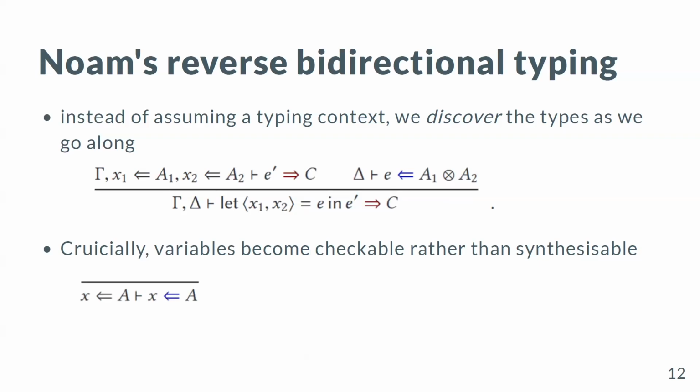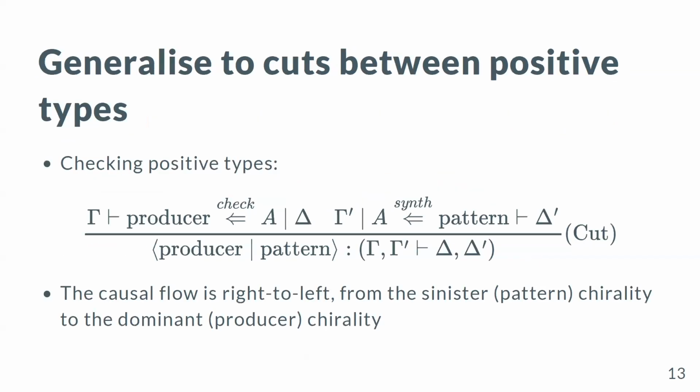And the interesting thing here, if you look at this rule of natural reduction again, and you translate this into the sequent calculus, it looks a lot like a cut between a producer of pairs and the consumer of pairs. And in fact, this pattern explains type checking of the entire positive fragment.